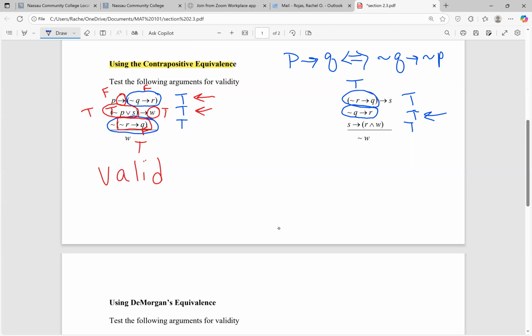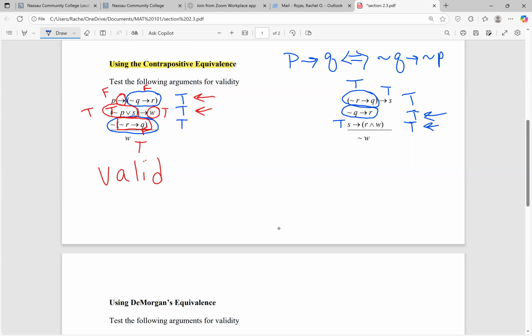So if the second premise, not Q implies R, is true, then that makes the left-hand side of the first premise true. And that's going to force S to be true, right? Because if it was false, then the premise would be false, and that's not the case. So then S down here is true. And it's the left-hand side of a conditional, and we want this conditional statement to be true because it's a premise.